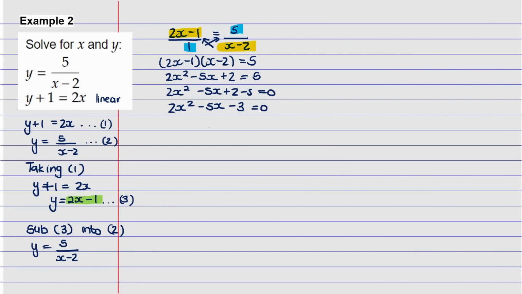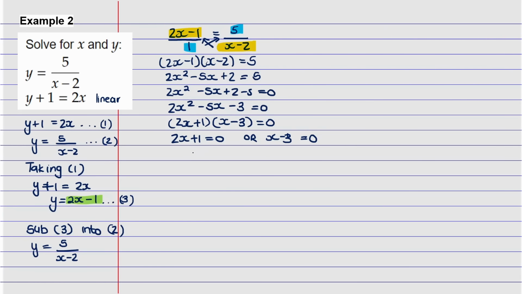Now we can factorize this. It's going to be (2x plus 1)(x minus 3) equals 0. So this is the same as 2x plus 1 equals 0, or x minus 3 equals 0. Now we solve for x.